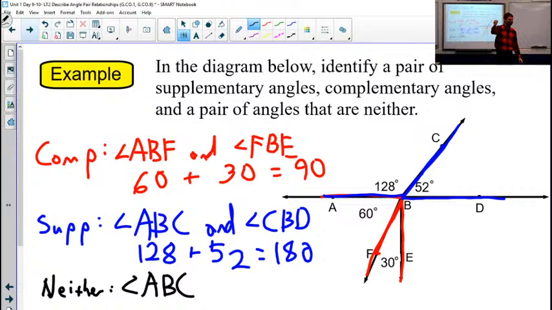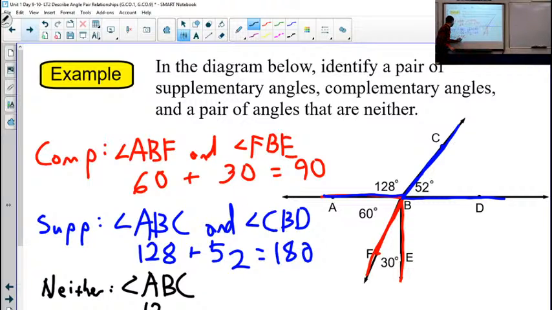If we're looking for them to be neither, our target to hit is anything else in the world except for 90 and 180. So as long as my angles don't add to 90 or 180, then they're not complementary or supplementary. They're neither. Any other number. Okay?